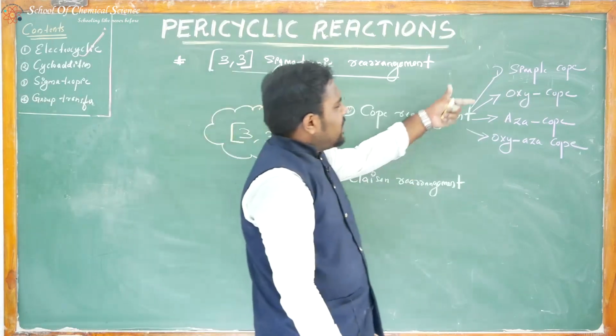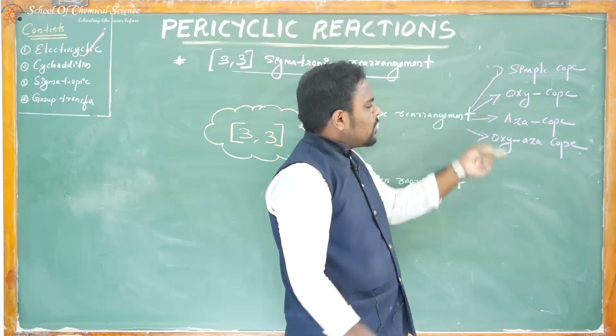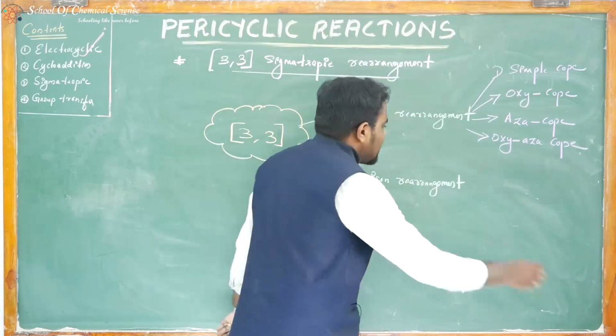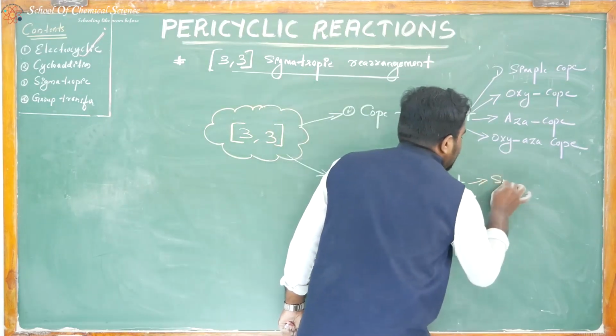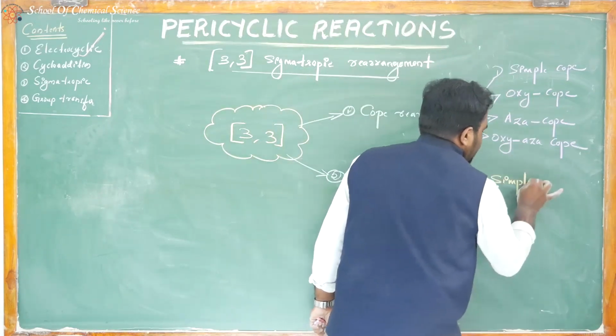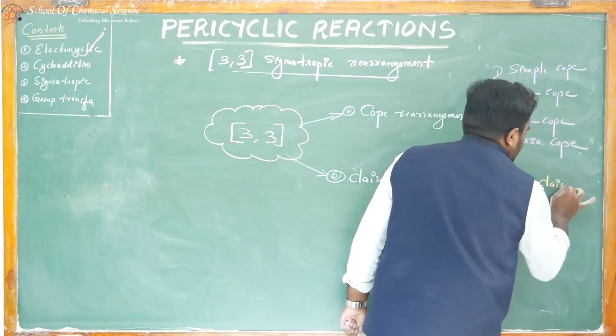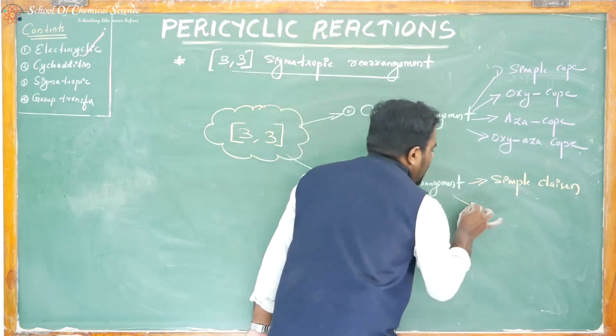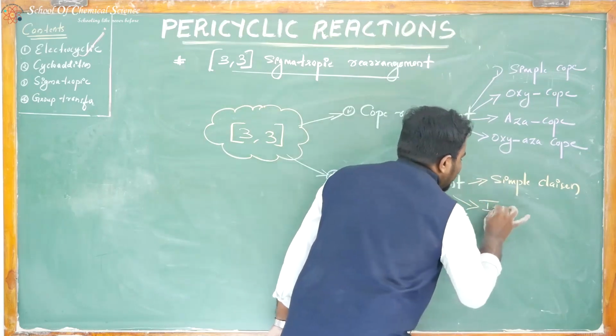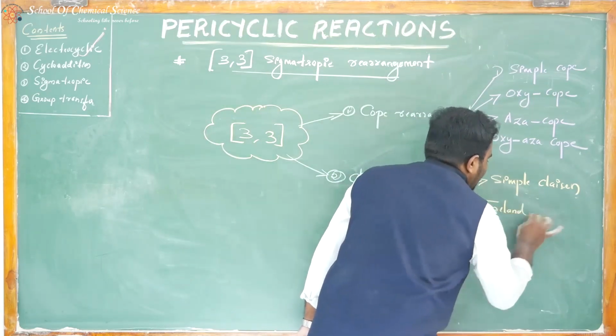So for the 3,3 sigmatropic rearrangement, two typical examples: Cope rearrangement and Claisen rearrangement. This Cope rearrangement again: simple Cope, oxy-Cope, aza-Cope and oxy-aza-Cope. This Claisen rearrangement is again 3 types. First one, simple Claisen rearrangement. Then next one, Ireland-Claisen rearrangement.